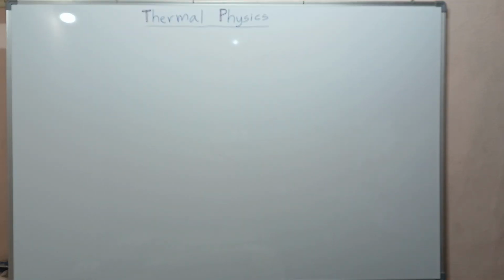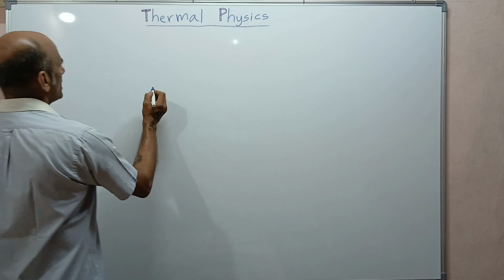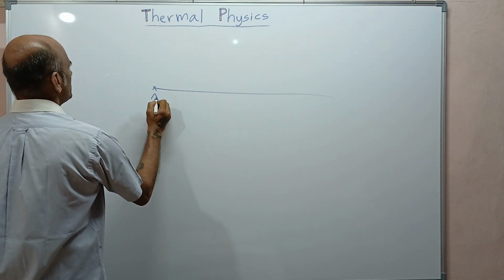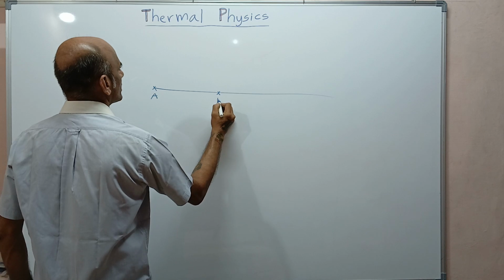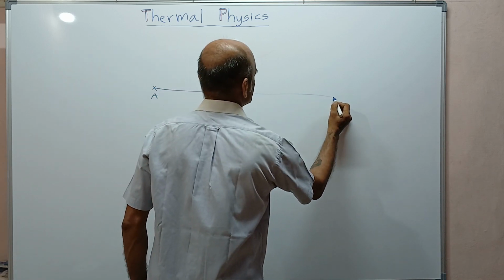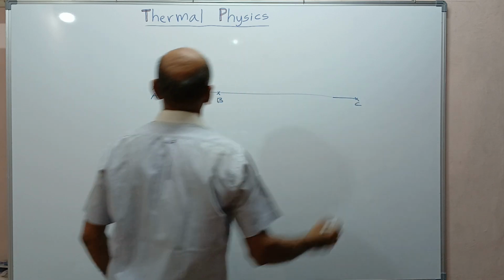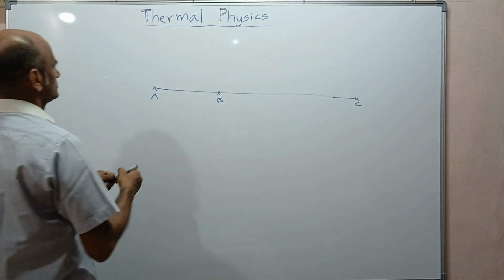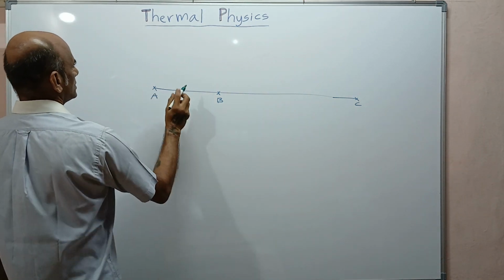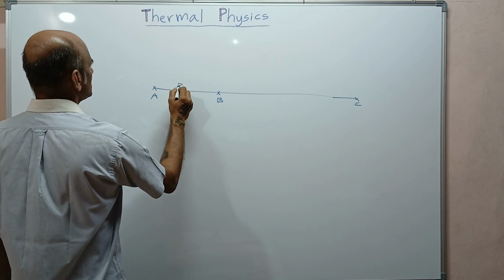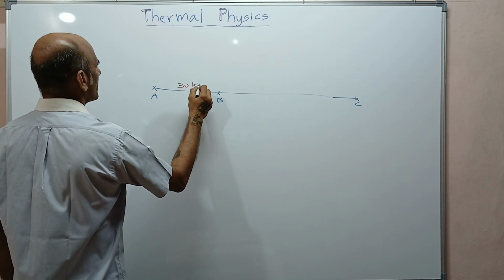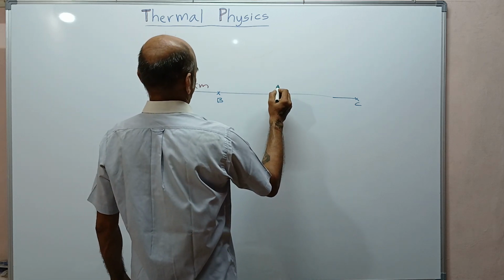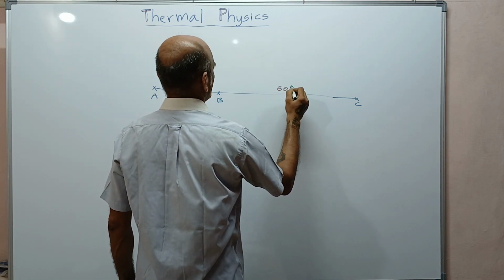Let me explain an analogous situation. Suppose we have 2 points A and B, and the third point say C here, and let the distance between A and B be say 30 kilometers, and the distance between B and C is say 60 kilometers.